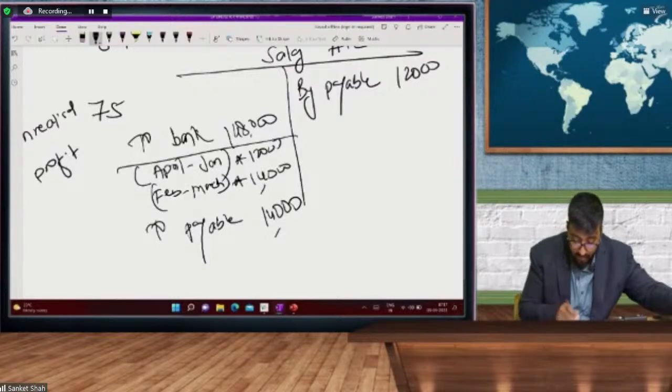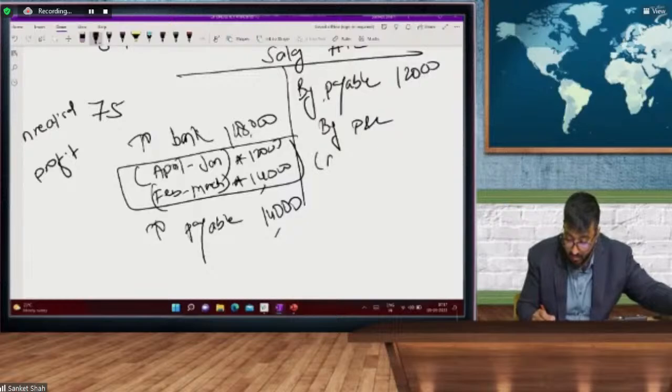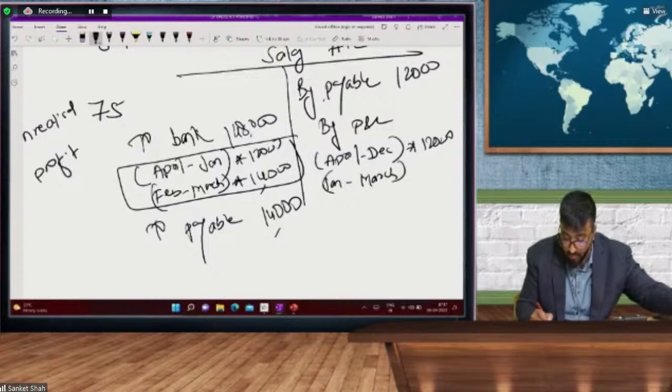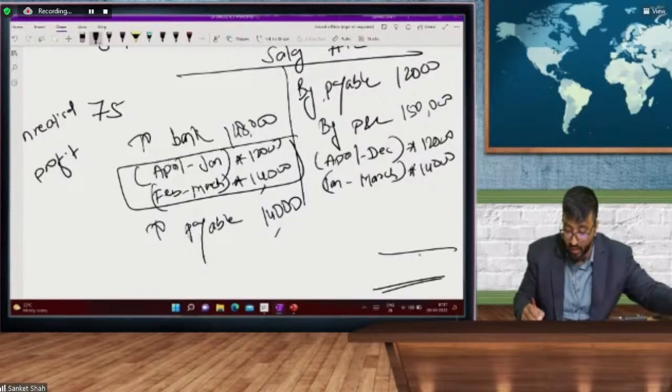This is a quick revision. And by P&L, you can check April to December, 12,000, and Jan to March, 3 months into 14,000. So this is the difference between accrual and payment: 1,50,000. See, your account is tallying at 1,62,000.